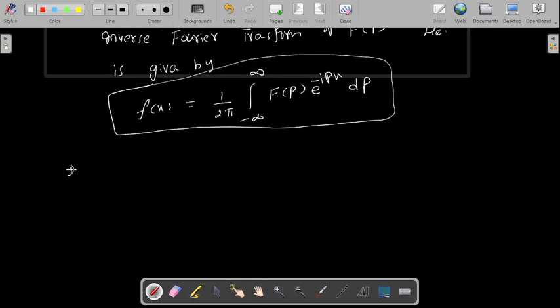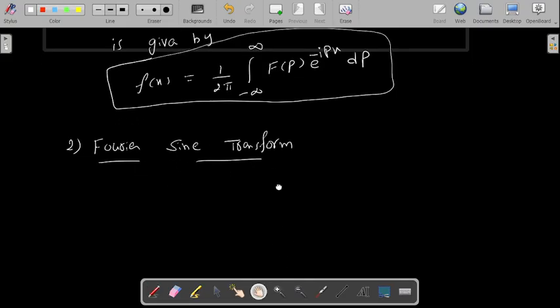Next, another formula, which is the Fourier sine transform. First was the Fourier transform of f of x. Now the Fourier sine transform. That means you are only extracting the sine signals. So what is the Fourier sine transform?